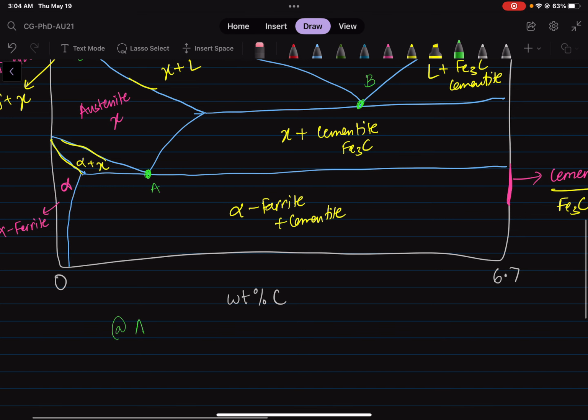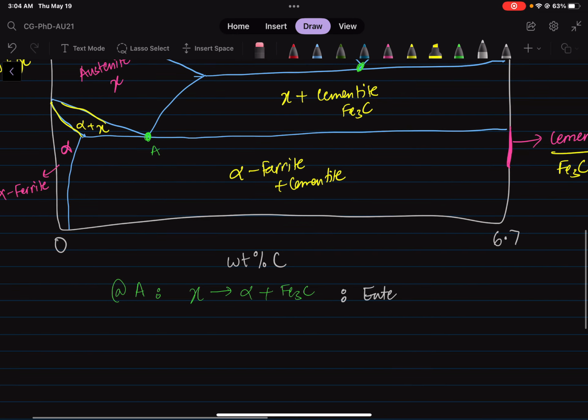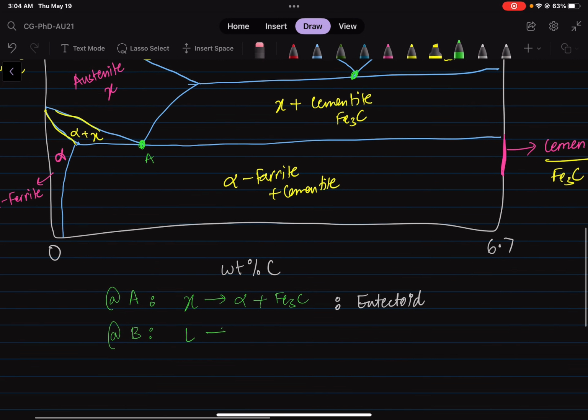So at point A, you have gamma becoming alpha plus cementite, and we know that this is an example of a eutectoid reaction. Similarly, you can write for point B, you will have a liquid going to gamma plus cementite, and we know this is an example of eutectic, one liquid transforming to two solids.